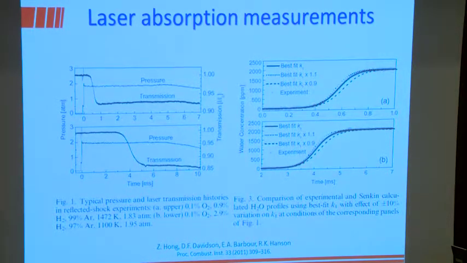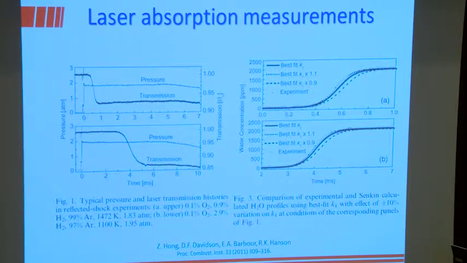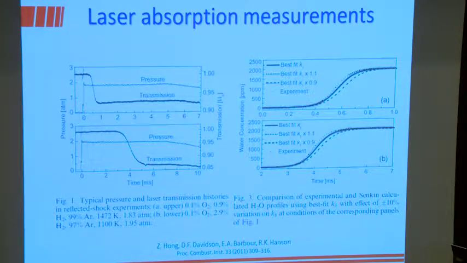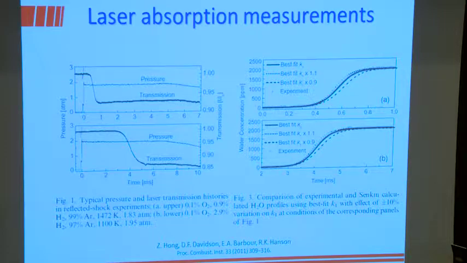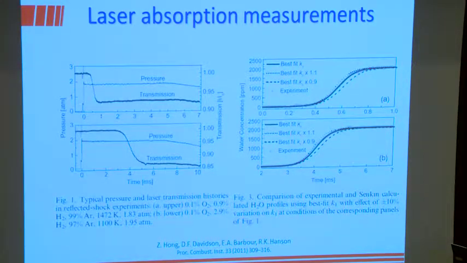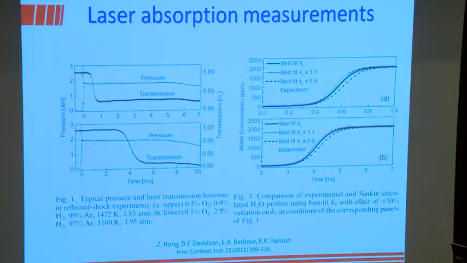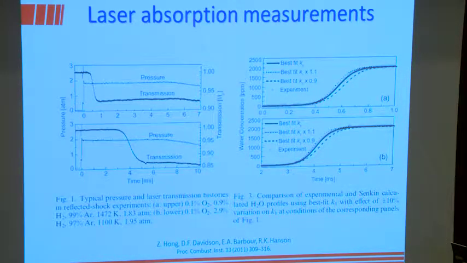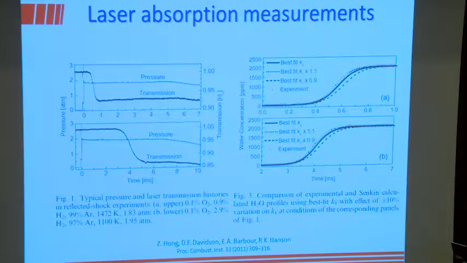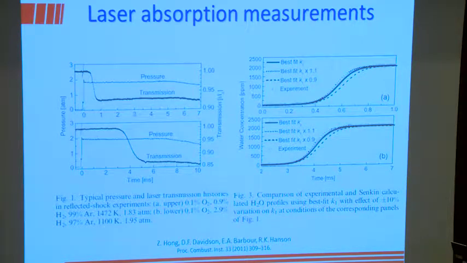Now, one thing that's relevant to the question that you asked, and this is something that Hai Wang points out, is that 5% uncertainty in the rate constant for H plus O2 gives O plus OH is probably as good as you're going to get. But it's still going to lead to a high uncertainty.